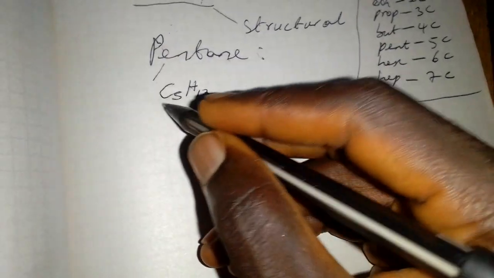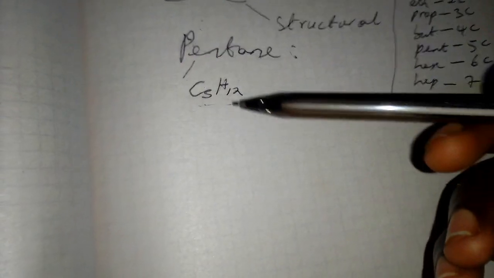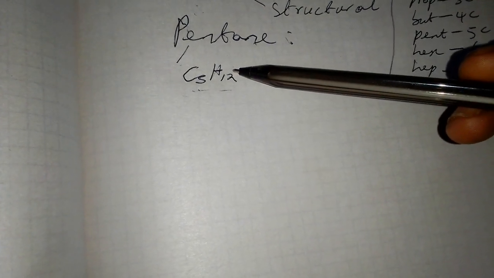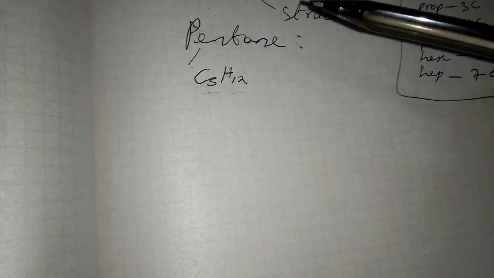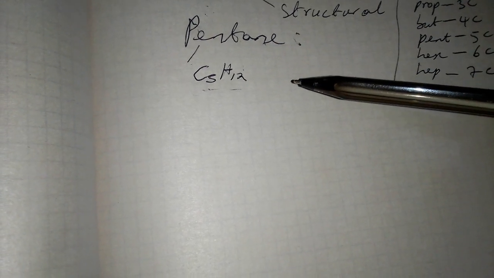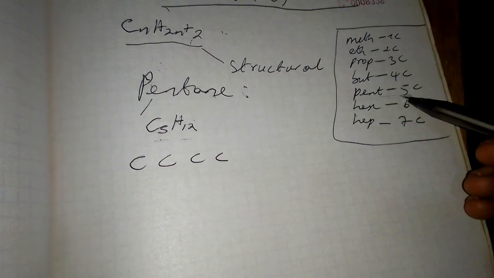Now notice that the first isomer of pentane is the straight chain of carbon atoms. Notice that pent here is for 5 carbon atoms, so pent will represent 5 carbon atoms.